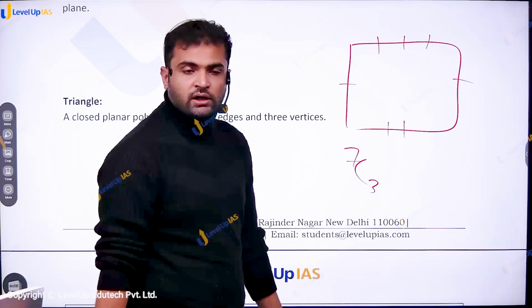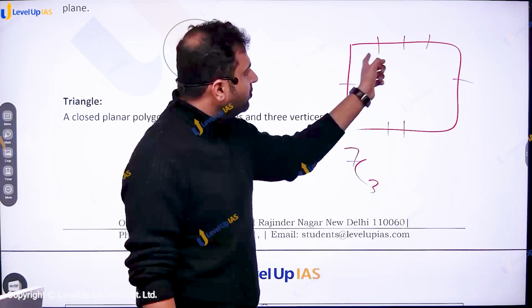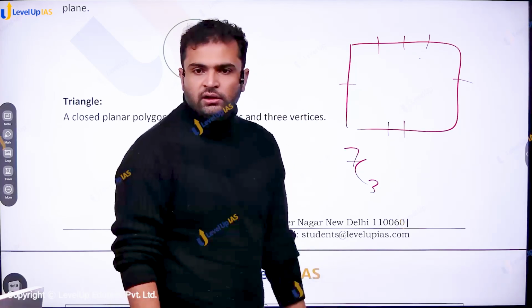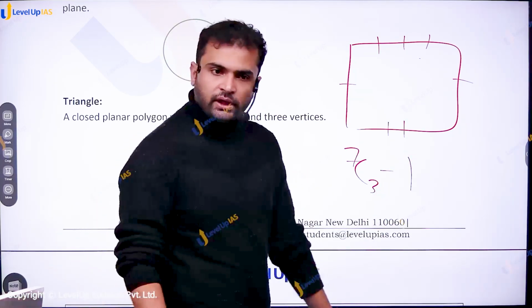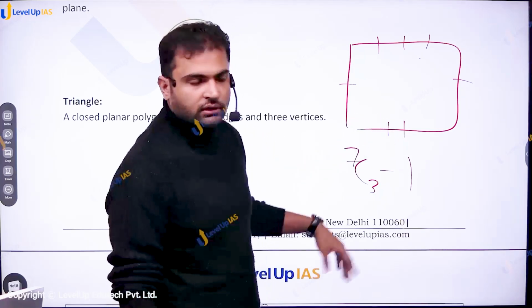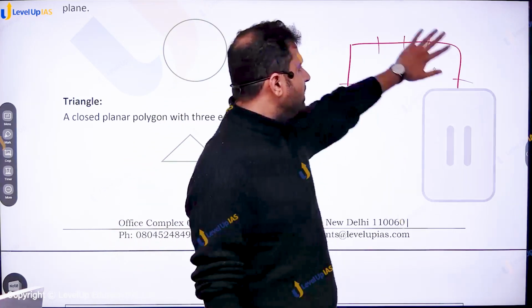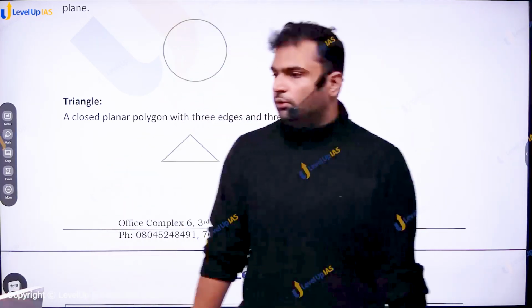But I have one condition: if by mistake I choose these 3 collinear points, I will not get a triangle. So I have to remove that.